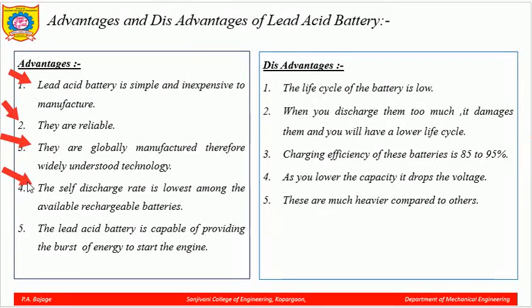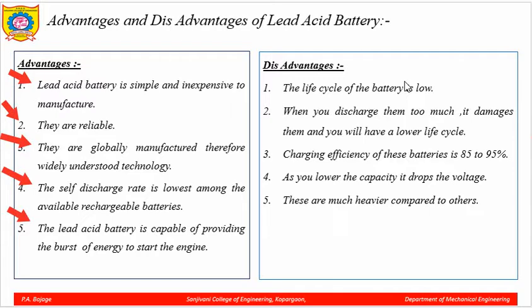Self discharge rate is the lowest among the available rechargeable batteries. The lead acid battery is capable of providing a burst of energy to start the engine. Engine starting needs a boost of energy, and that is quite achievable by a lead acid battery.